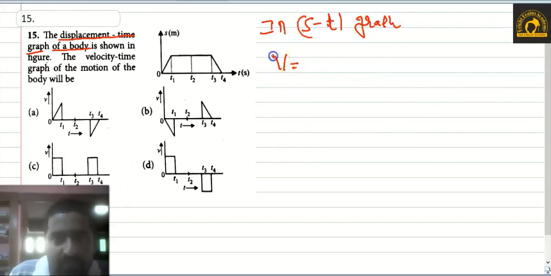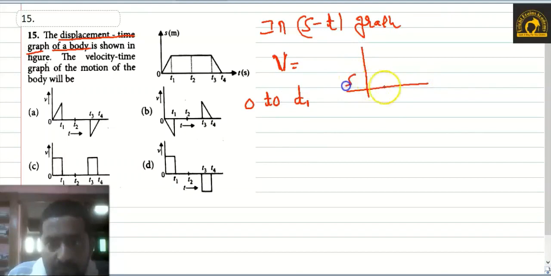From 0 to t1, this is time, this is t, this is t1. 0 to t1 is a linear curve, and the slope is positive.